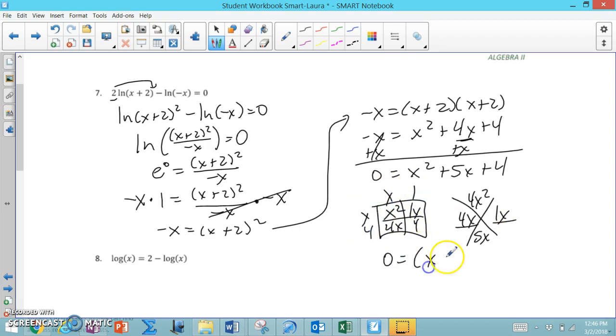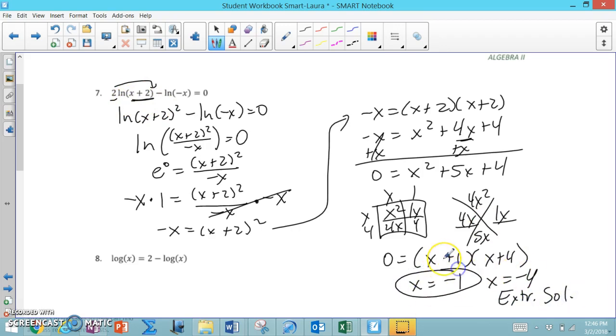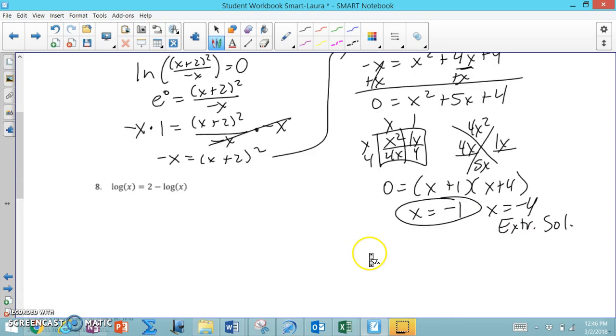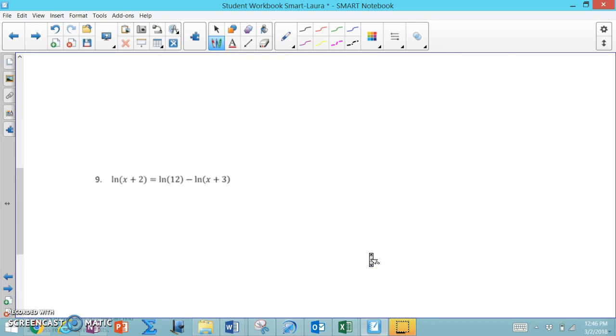So I get 0 equals (x plus 1) times (x plus 4). Set each factor equal to 0, I get x equals negative 1, x equals negative 4. But when I plug in a negative 4, that one's extraneous. So I'm going to stop there. Negative 1 did work. One other concept came up, but you can take a look at that.